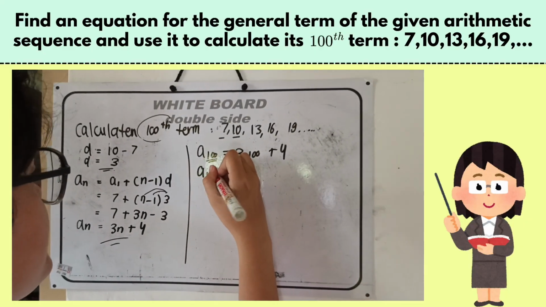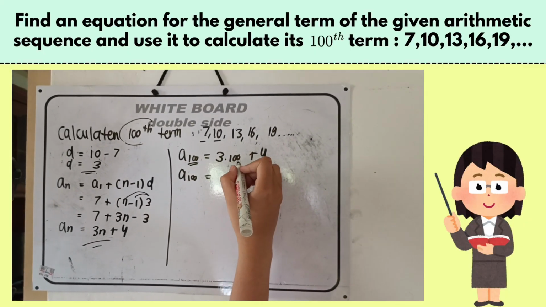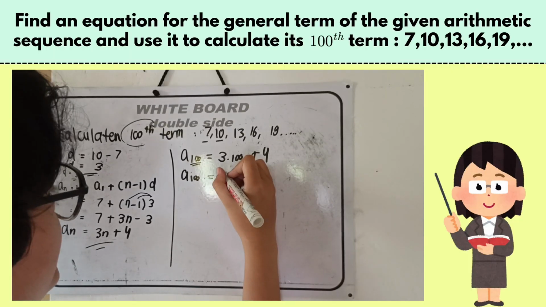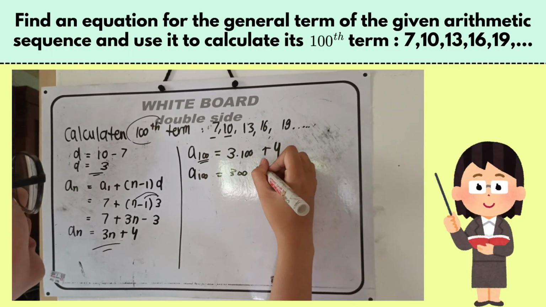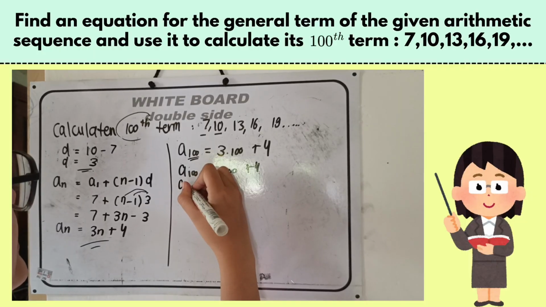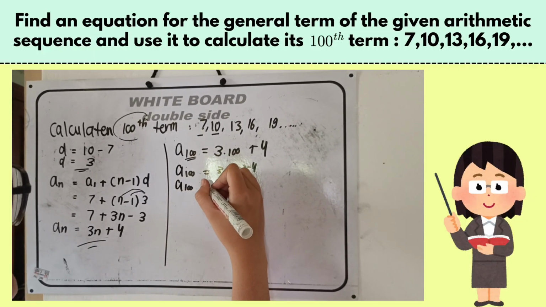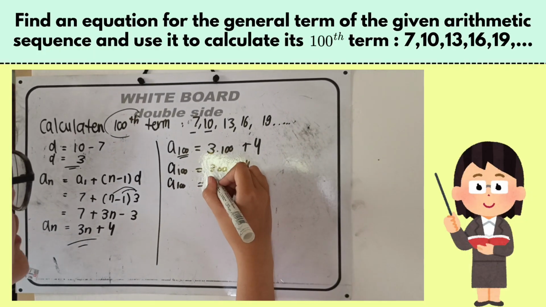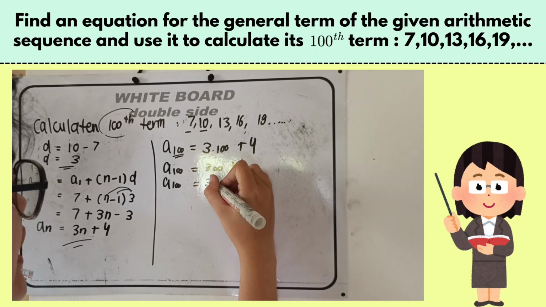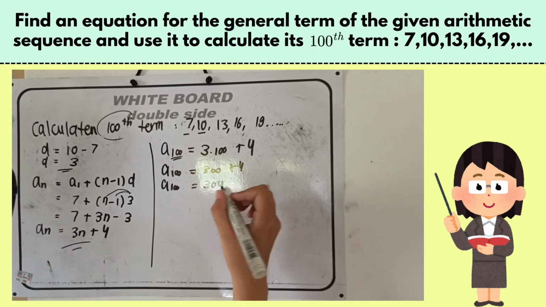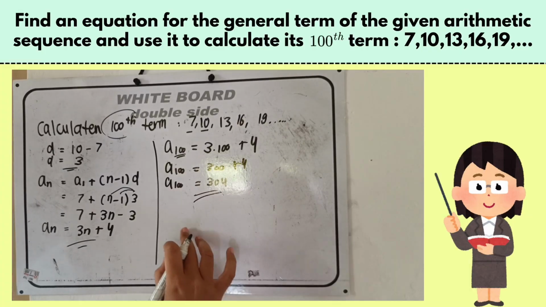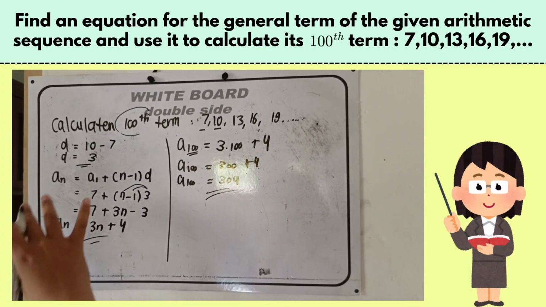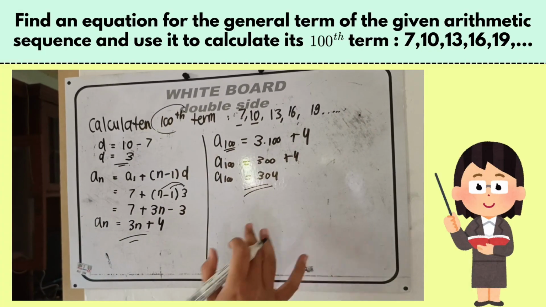We get 3 multiplied by 100 is 300, plus 4, and a sub 100 is 304. So now we have solved this problem.